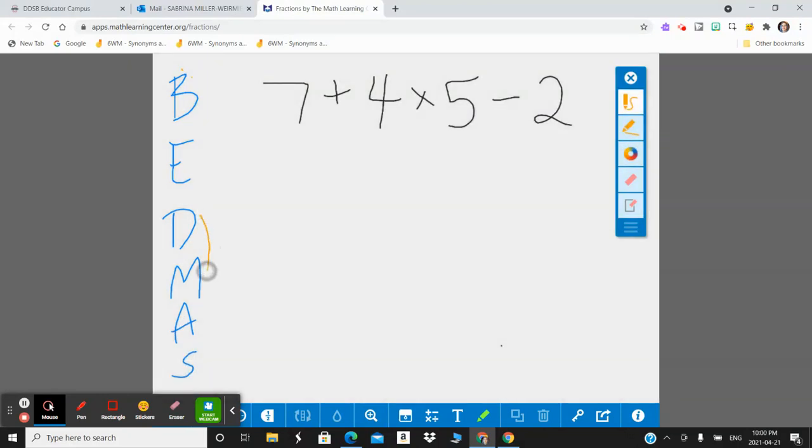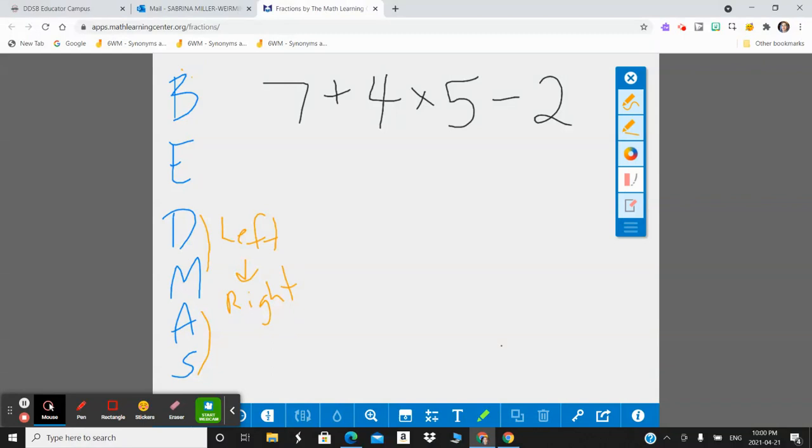And the division and multiplication go together, and addition and subtraction. That means it doesn't matter if it's division first or multiplication first. You just look at your work and you go from left to right. And once all the division and multiplication, starting from left to right, like you read a book, is done, then we do our addition and subtraction.